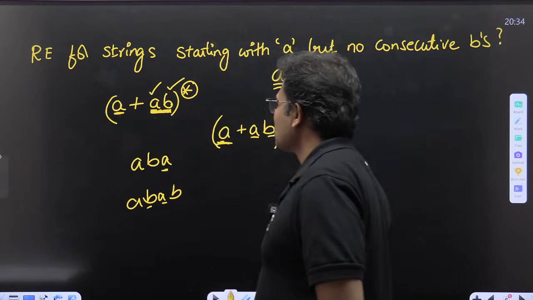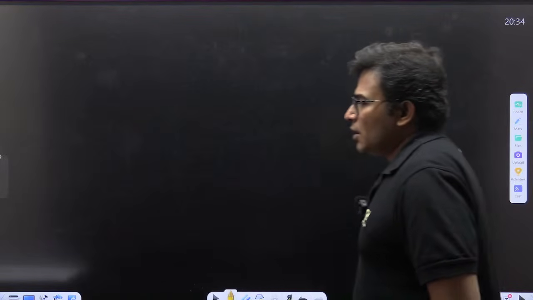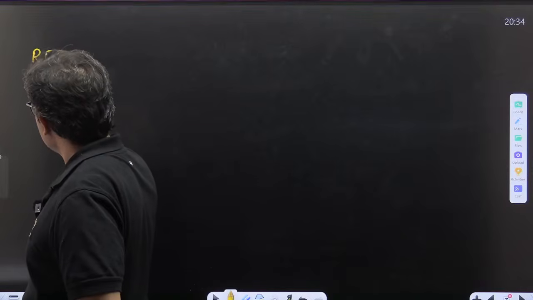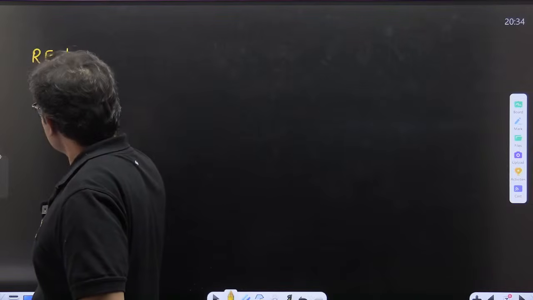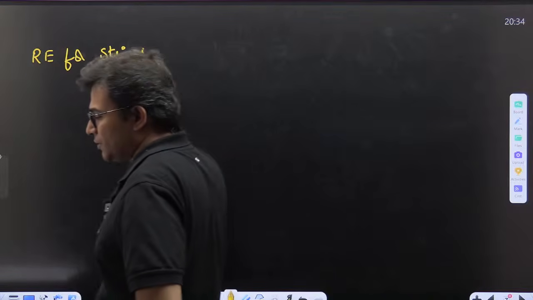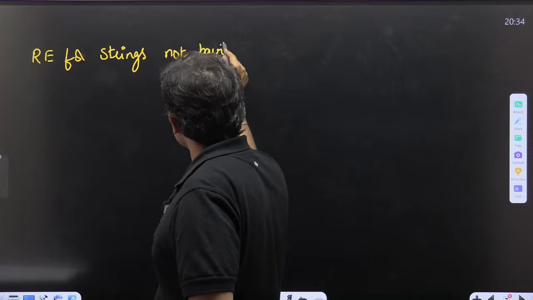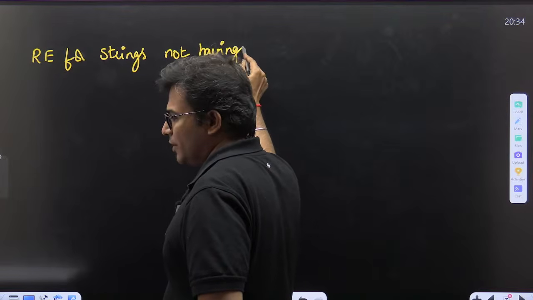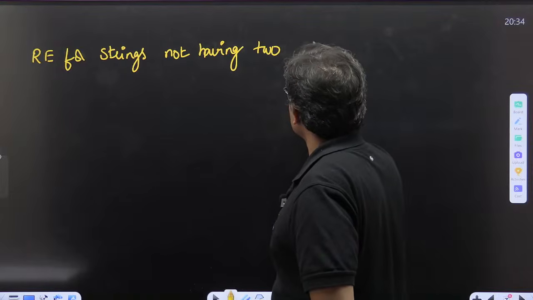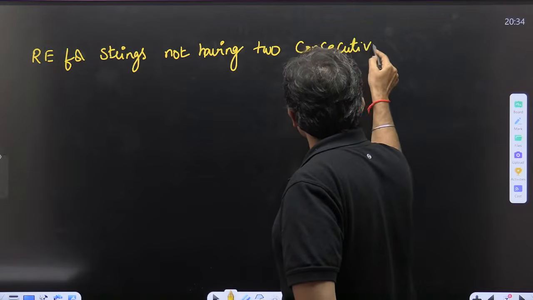Okay, fine. So give me a regular expression for strings not having two consecutive A's and two consecutive B's.